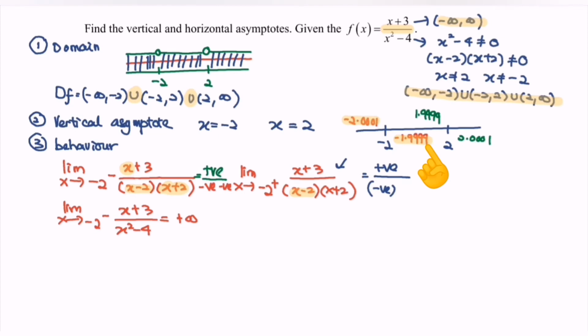If we substitute into this part, we notice that 2 is greater than 1.9999. So now we will have a positive value.